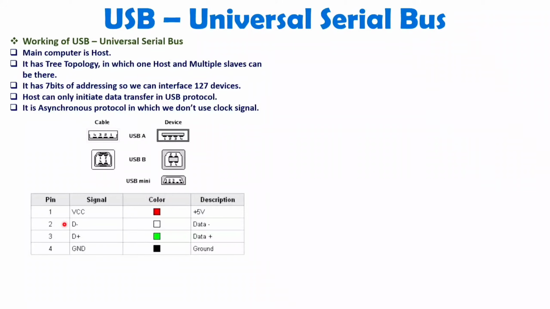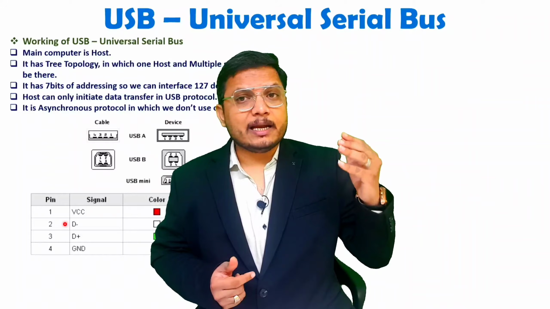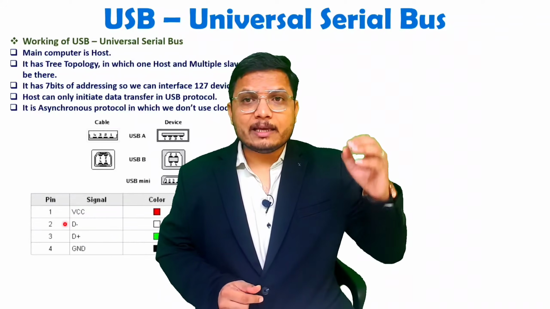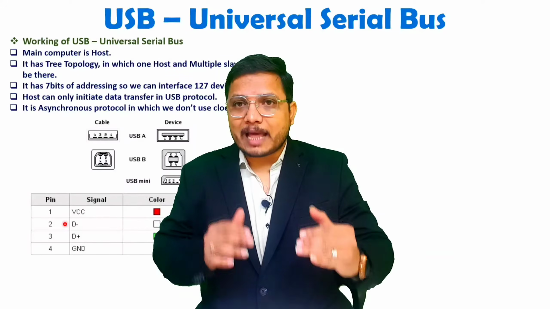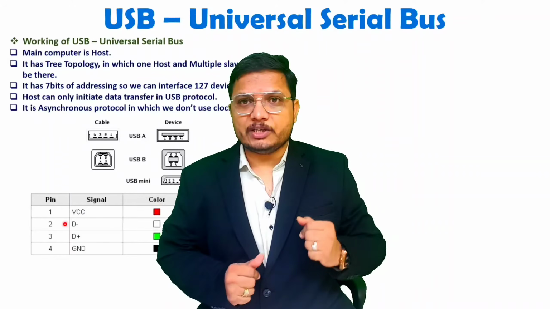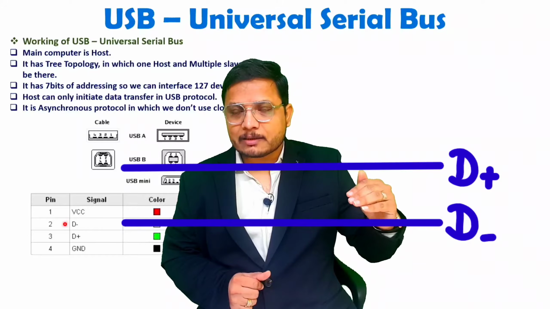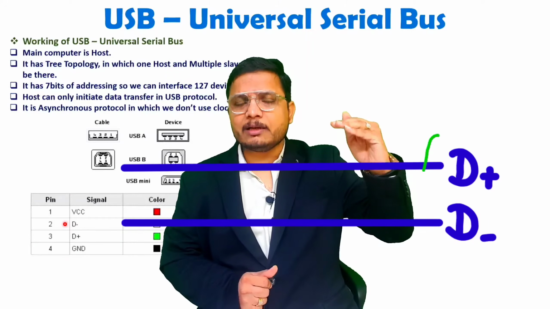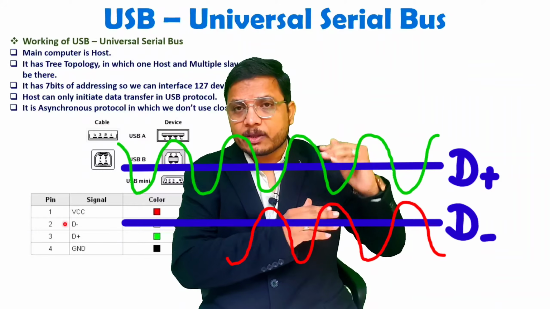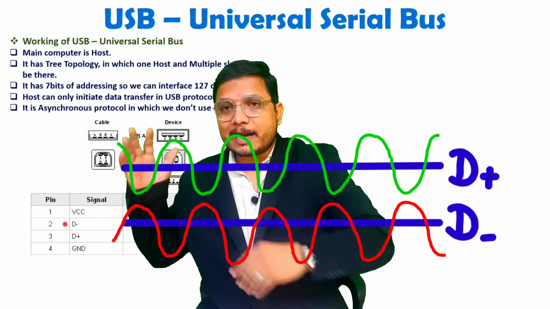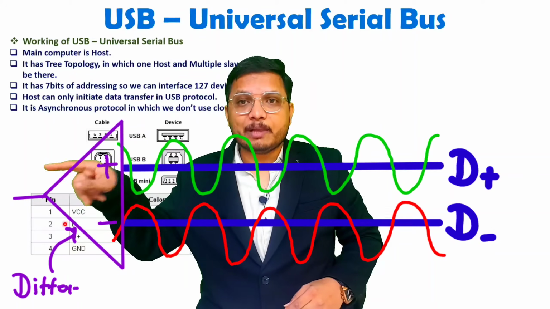Now let me explain to you how signaling is happening. My dear students, here D plus and D minus both are carrying the same information, but that will be mirror images of each other. When you receive that at the receiver, there will be a differential amplifier.